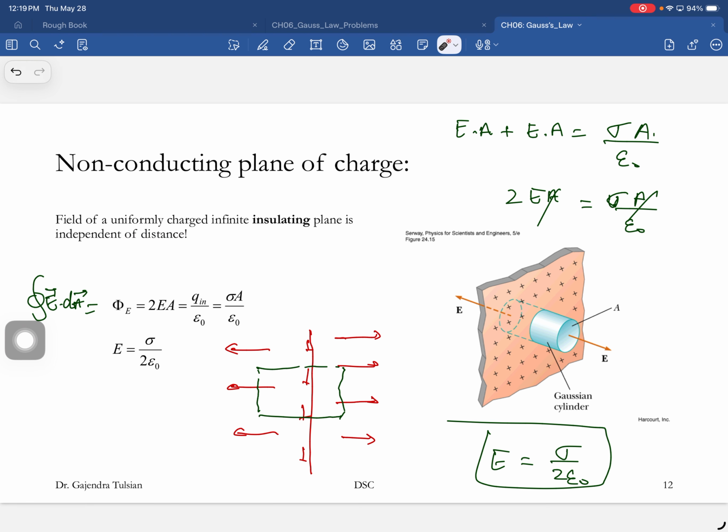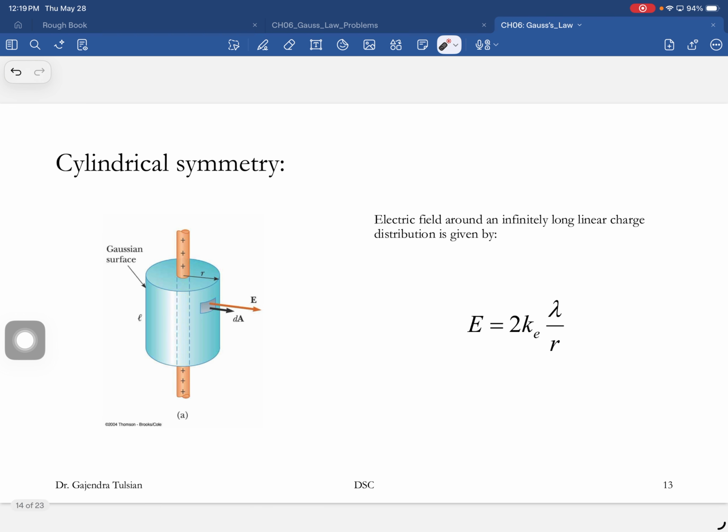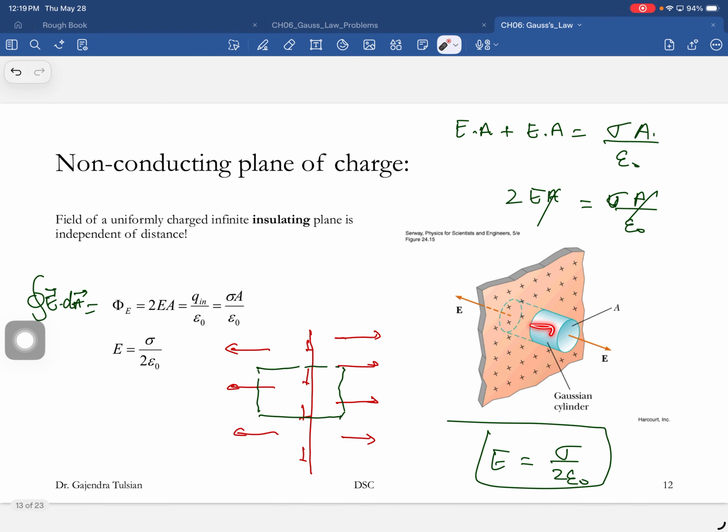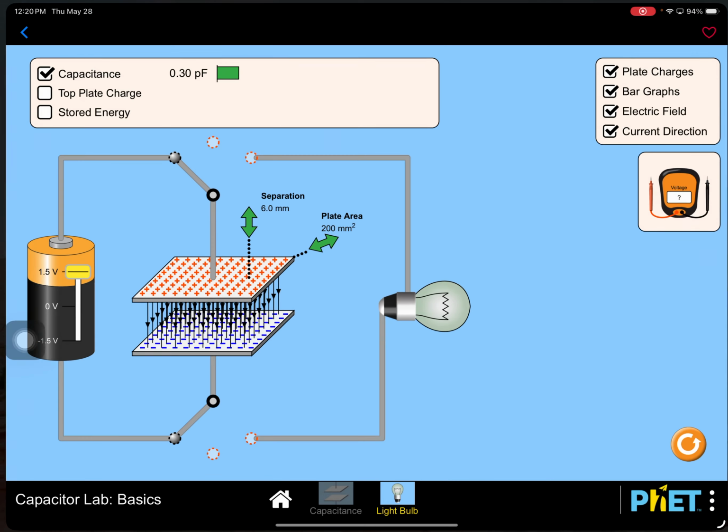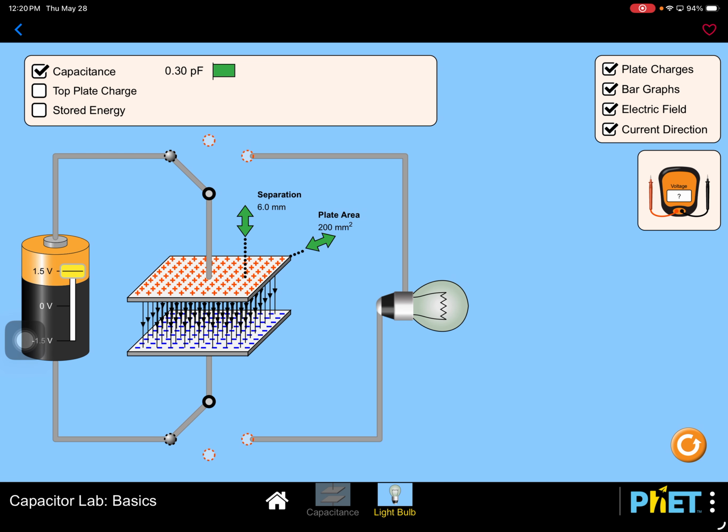If it's not 0, then there are free charges, and they'll move about till the field becomes 0. So no matter what you do, let's say you throw a bunch of charges here. Since the field inside has to be 0, you can draw any surface, and the charge inside has to be 0. So if you throw a bunch of extra charges, they all have to reside on the outer surface. Since the field here is 0, they cannot reside on the inner surface. That's how the charges will redistribute.